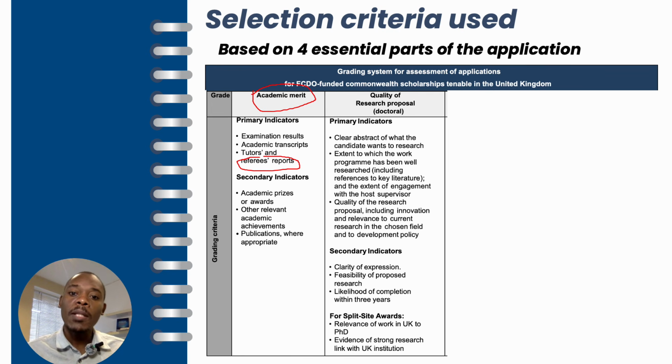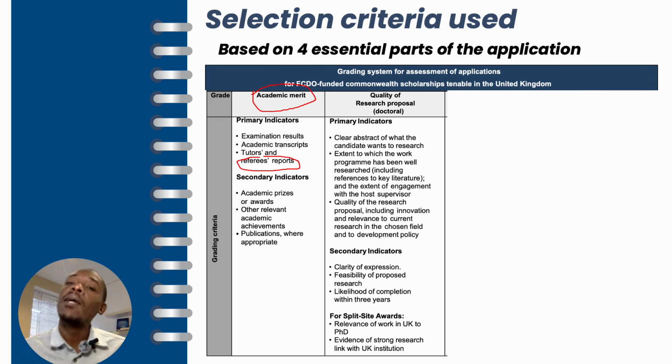The second component that they are considering is the quality of your research proposal, and this mostly applies to PhD candidates or PhD applicants. In your application, you'll be required to include information about what you are going to study, your research proposal. You're going to give an outline of your research, and also a detailed research plan.